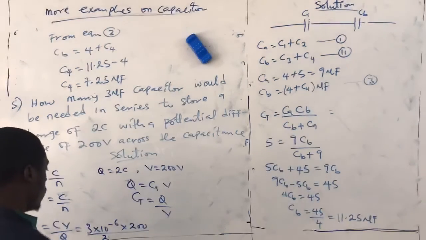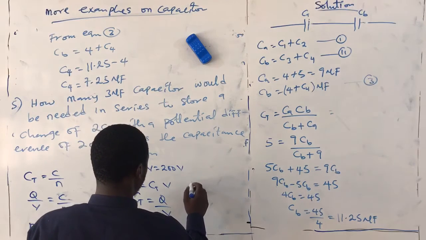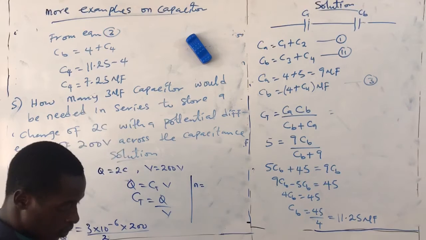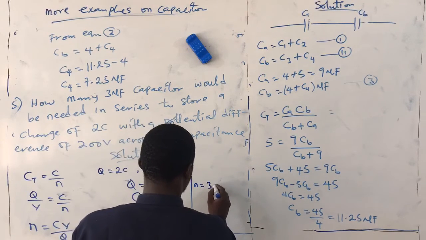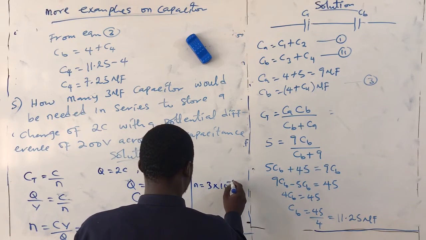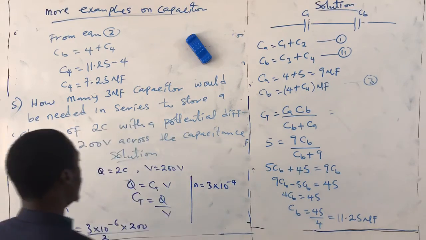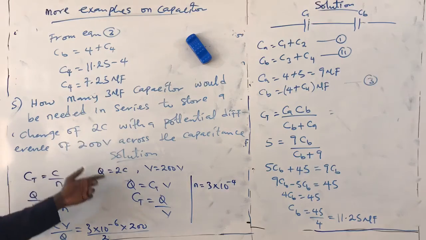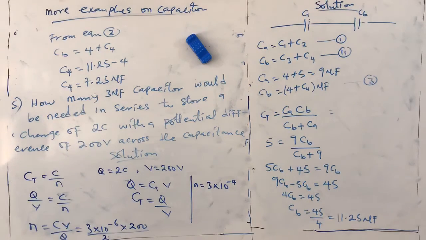So our N is equal to 3 times 10 raised to the power minus 4. So the number of capacitors needed to charge this to this is now equal to 3 times 10 raised to the power minus 4.